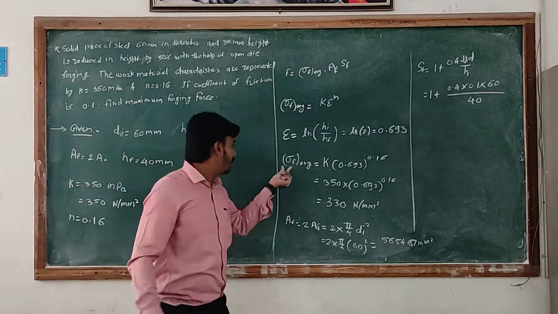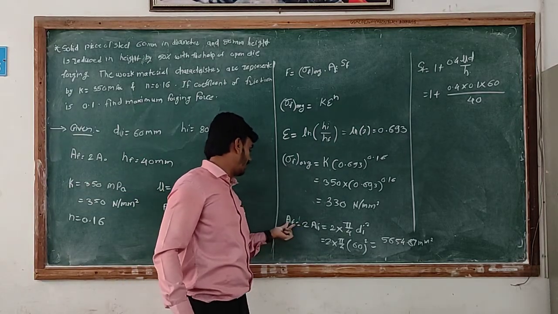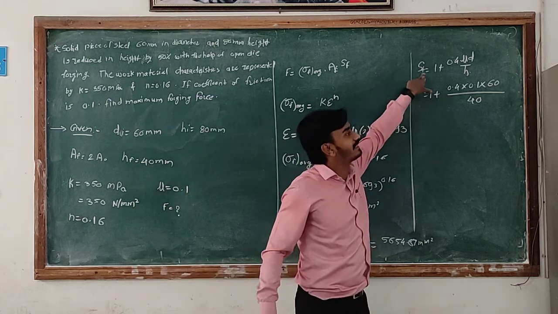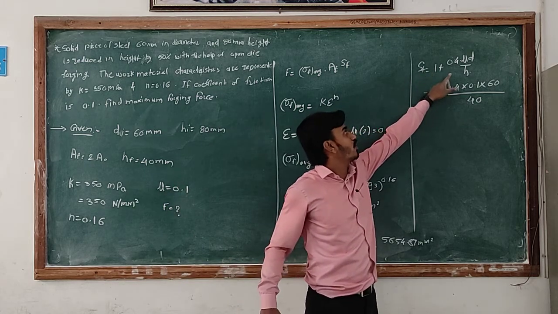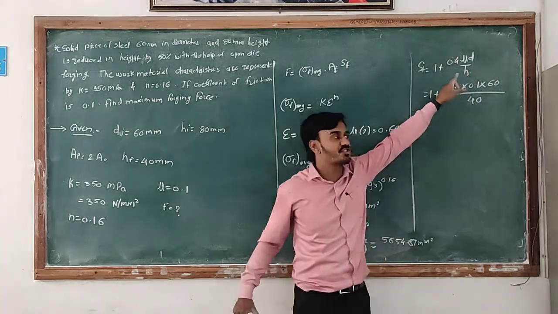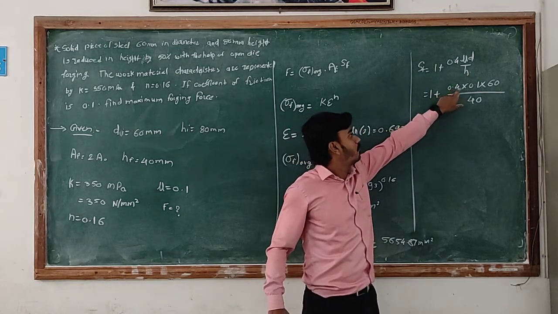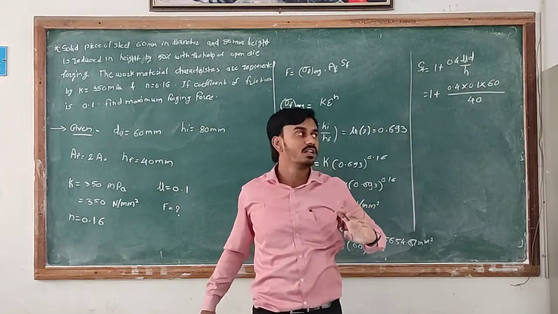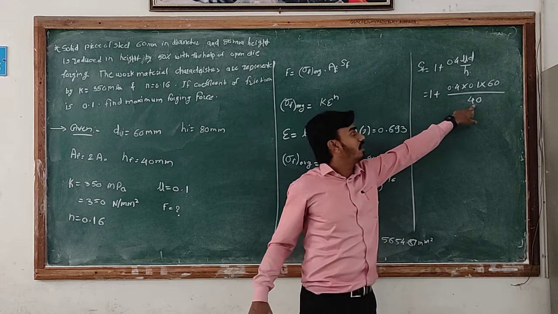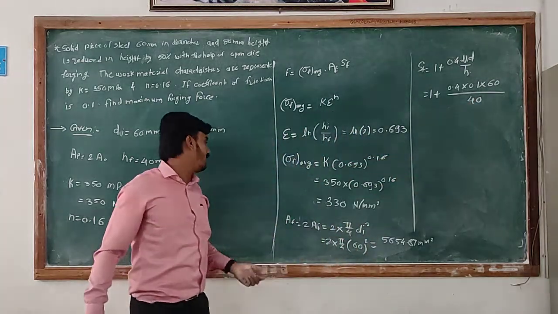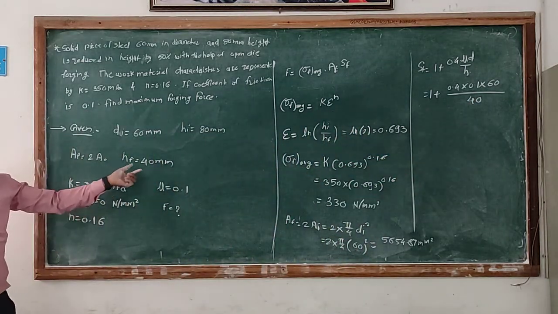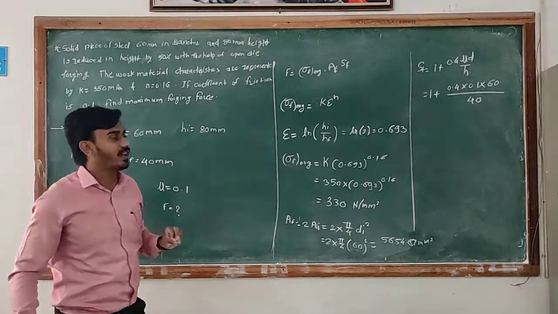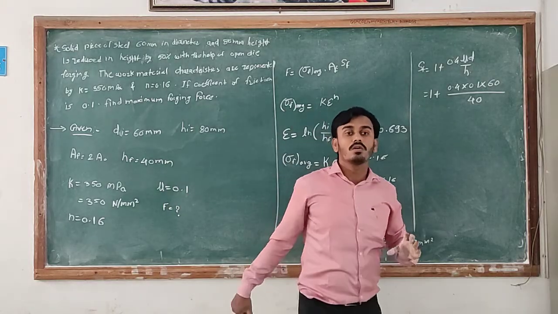Here we take the final area, and to calculate SF, that is 1 plus 0.4 mu d divided by h, we take 0.4 into mu into d, where 60 is the initial diameter, and the height we have taken is 40, the final height, because the shape factor is considered this way.